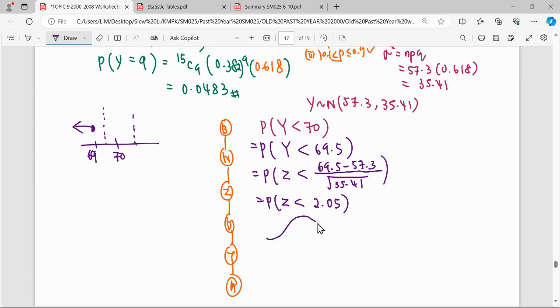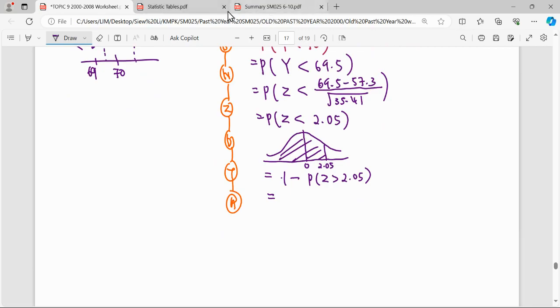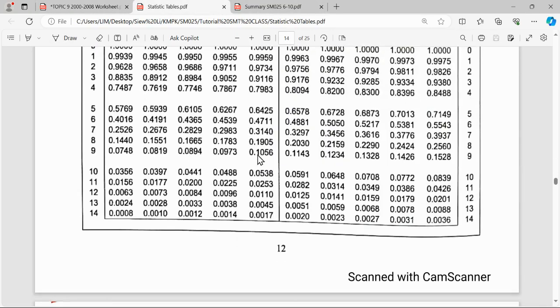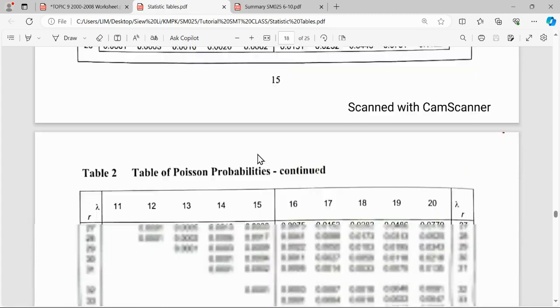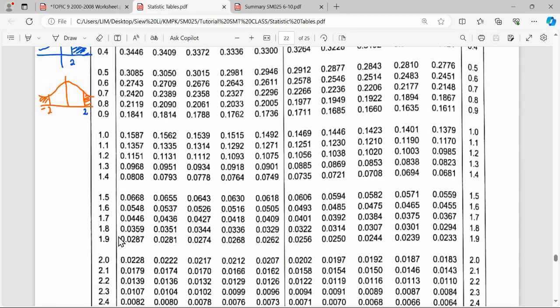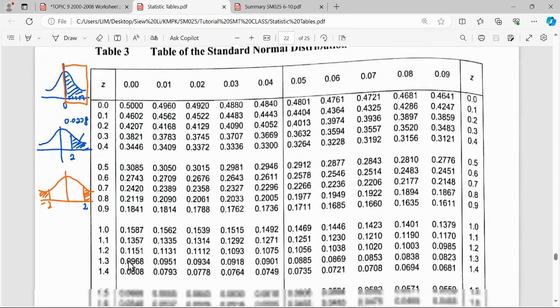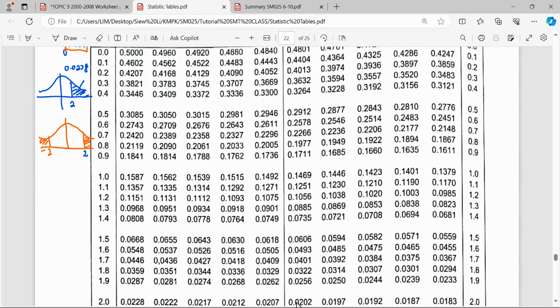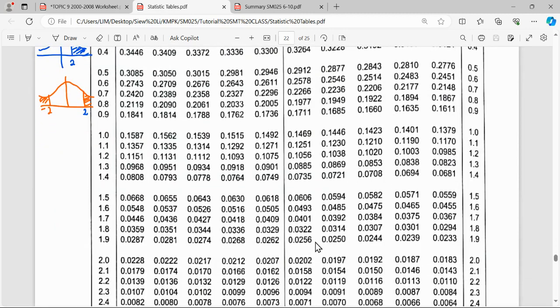Then you draw it out. For less than 2.05, this region, we are going to do 1 minus the right tail of 0.02. So read up from the table 2.05. Here is 2.05. This one? Yes, 0.0202.